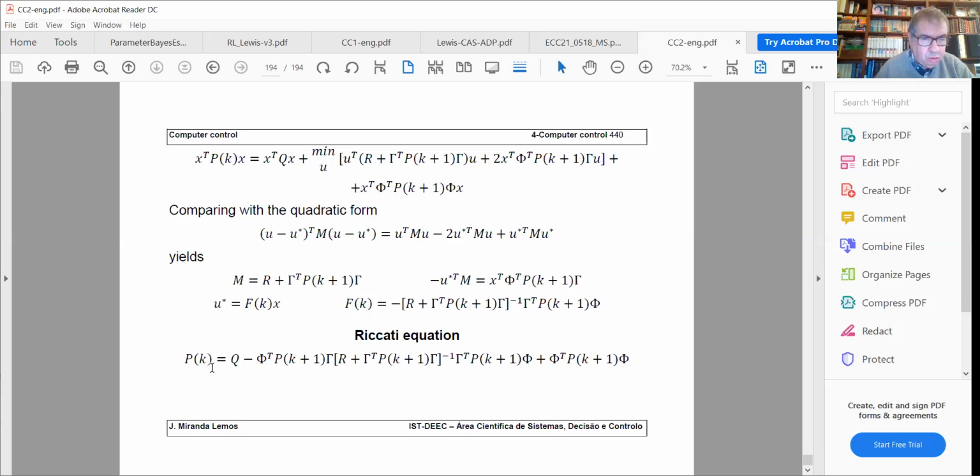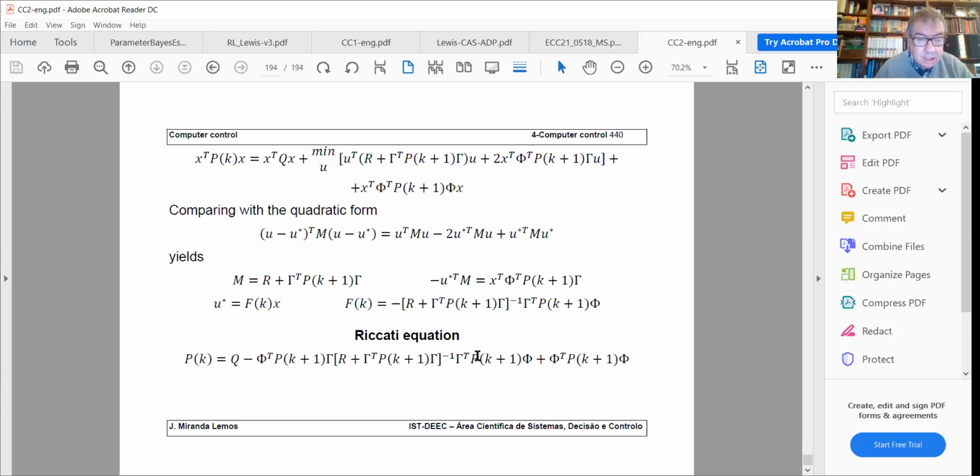So to compute the optimal gain, you solve this equation. You don't know how to solve it by hand. If it is a scalar problem, if the state is a scalar, then this can be reduced to an algebraic second-order equation. And then you compute the gain using this expression that involves the solution of the Riccati equation.